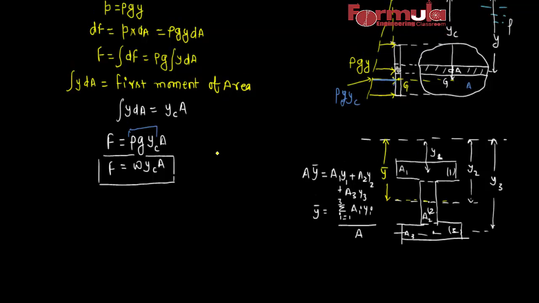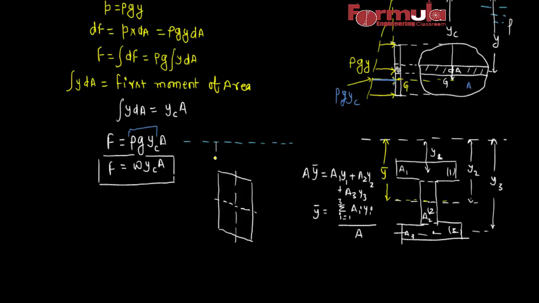Let's suppose this is the free surface of fluid, and we have a rectangular vertical plane surface over here.